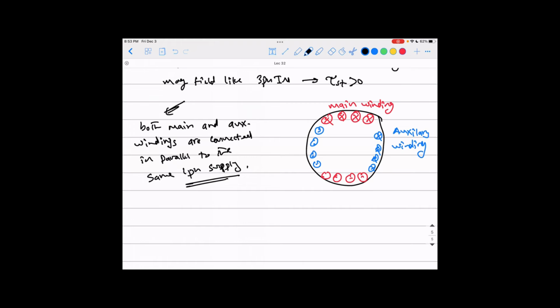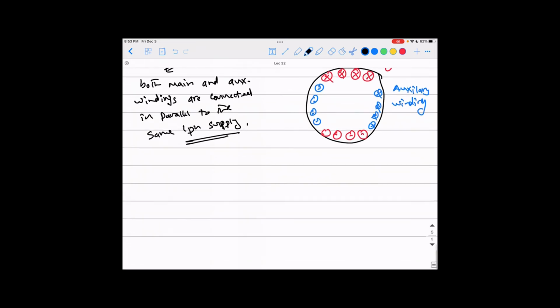Because like we said, we will not sacrifice the advantage of this motor. We came all this way to this kind of machine because we want to use it with a single-phase supply. So we will not get a two-phase supply with a phase difference between them, because that would be a special supply you will not find everywhere. So do whatever you want, but keep in mind we are just using a single-phase supply. It is just this one. So we're going to use an auxiliary winding, but connected in parallel with the main winding to the same supply.